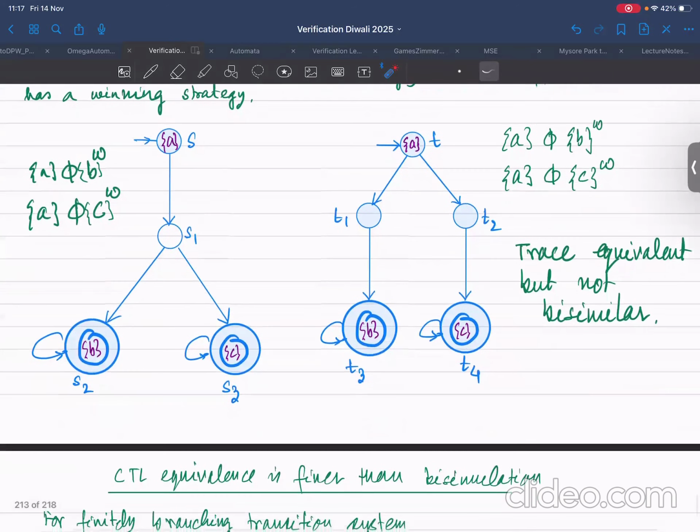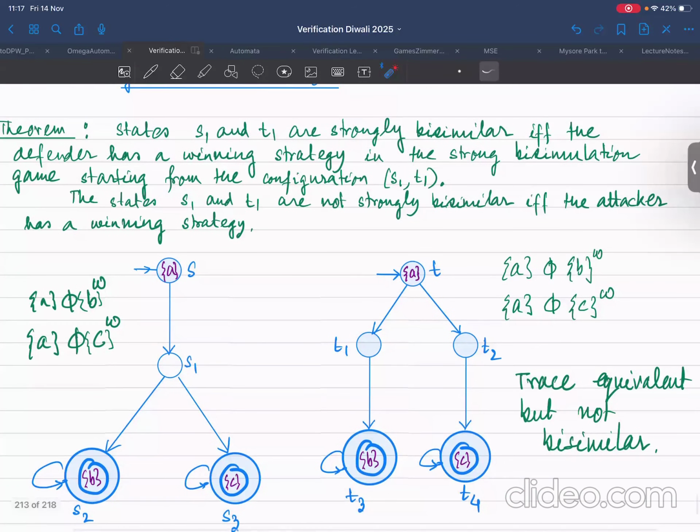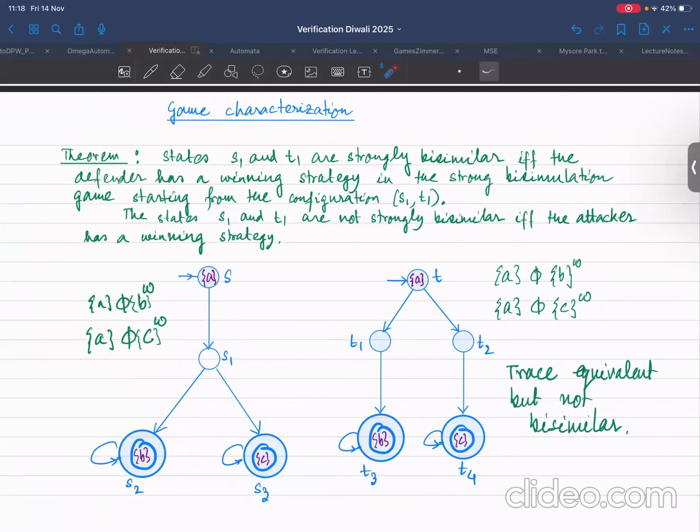Okay. So I'll stop here and we will continue with this in the next class, which is on Monday. We'll talk about the relation between CTL and Kripke structures. Essentially what we'll show is that if two Kripke structures are bisimilar, then they also satisfy the same set of CTL formulas over the given set of atomic propositions, and vice versa.